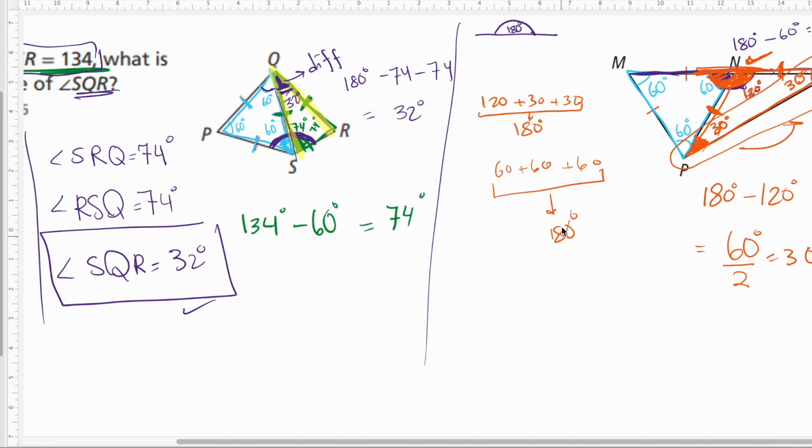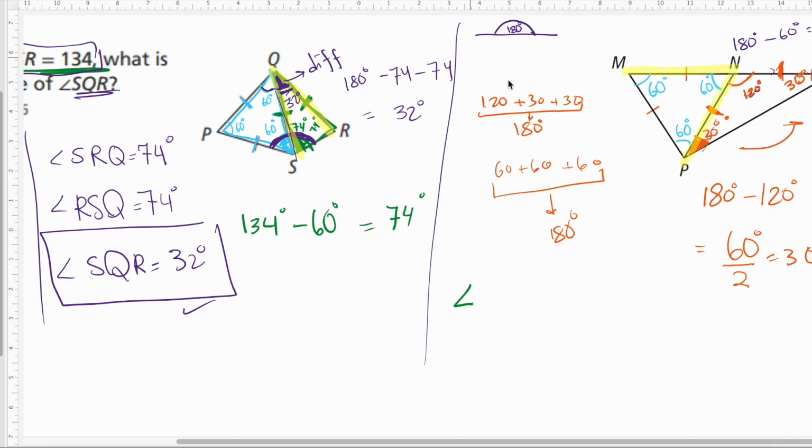Let's list down all the angles that we found. That's a lot of coloring. So we said that this is 30 and this is 120. Okay? Let's go ahead and list down all the angles. So angle MNP.